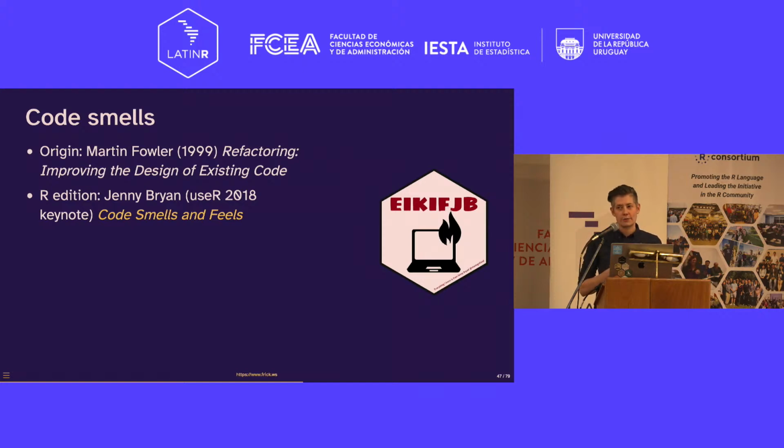And the first time I heard about this, an important introduction to this concept to the R community, was by Jenny Bryan, in her 2018 useR keynote. It's called Code Smells and Feels. I see it basically as the R edition of this. She talked through several of them, and if you want to know more about them, I highly recommend that talk.